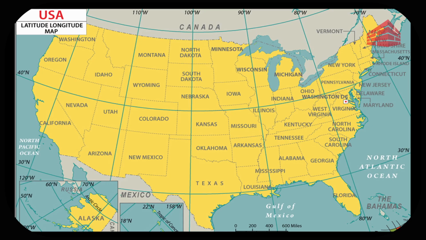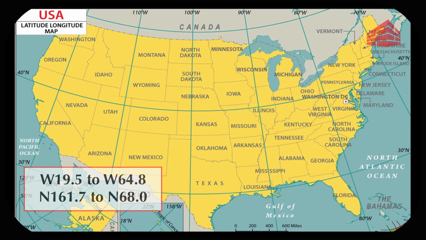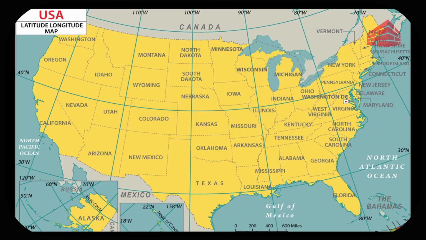Again, the United States is the only area of the map you will need to concern yourself with when taking your exam. Since the United States has an approximate latitude and longitude range from west 19.5 to 64.8 west latitude and from north 161.7 to north 68 longitude, these are the areas that will be on your test.